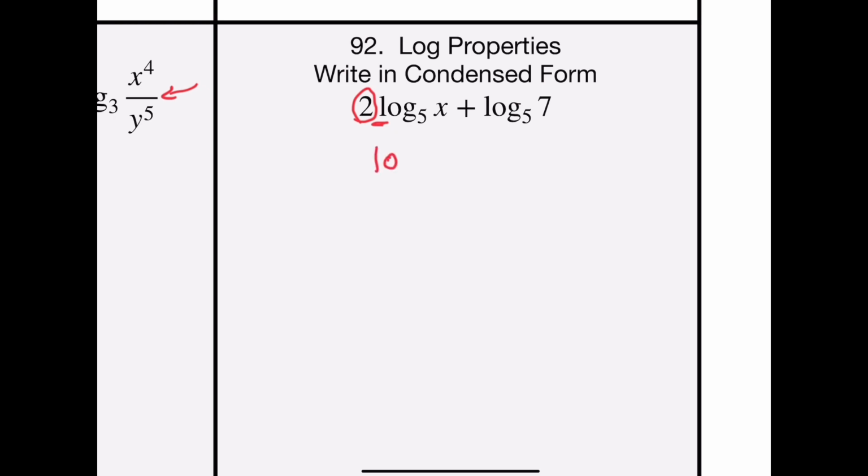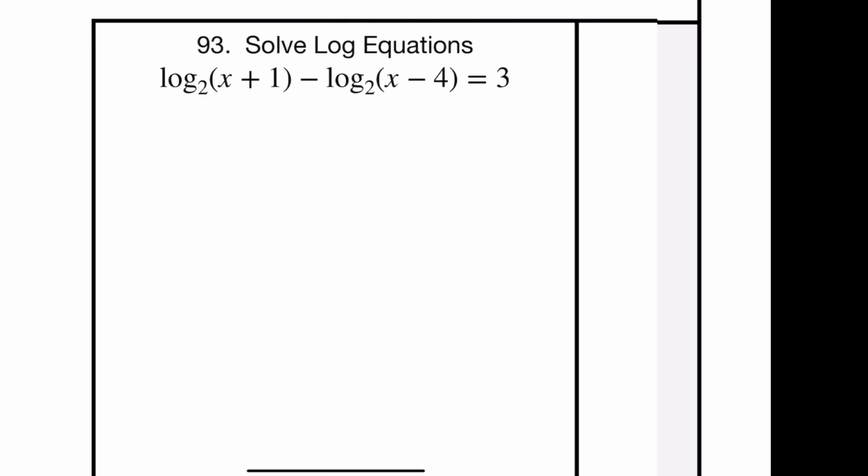So I would have log base 5 of x squared plus log base 5 of 7. The plus sign, or the adding of the two logs, indicates that the arguments are being multiplied, very similar to the exponent rules. So in condensed form, x squared times 7 is 7x squared, so I would have log base 5 of 7x squared.